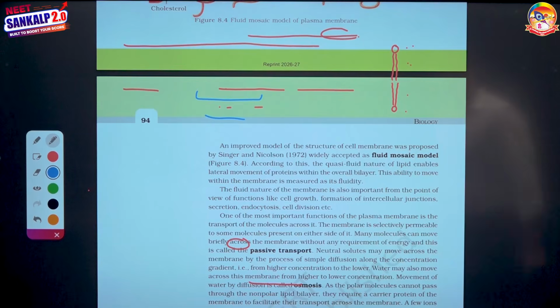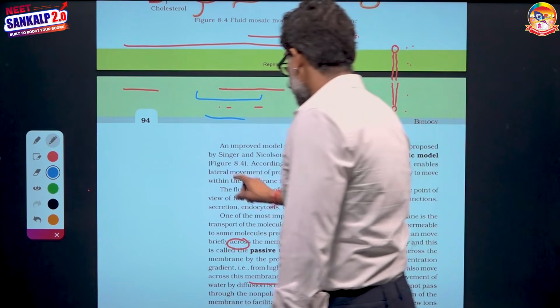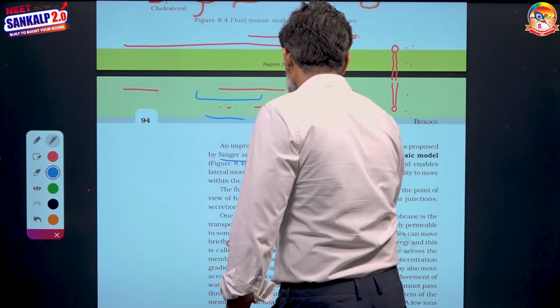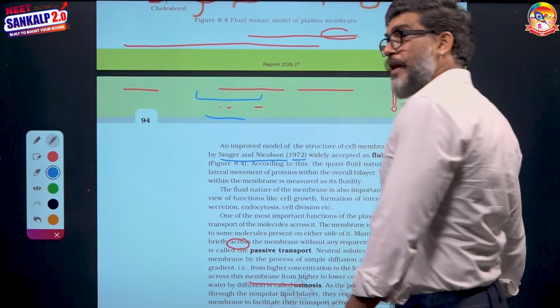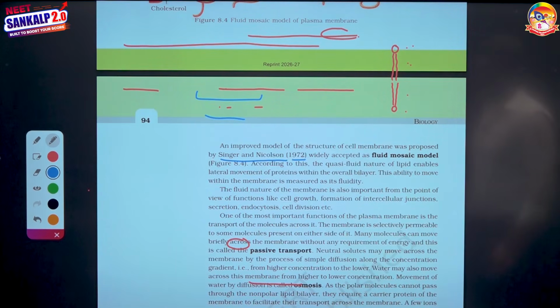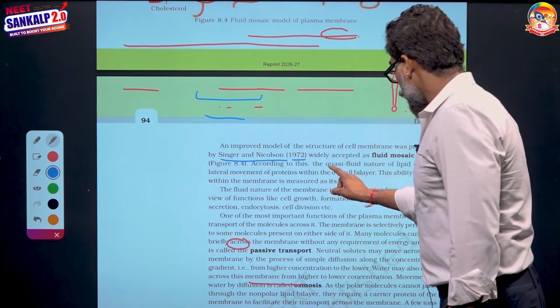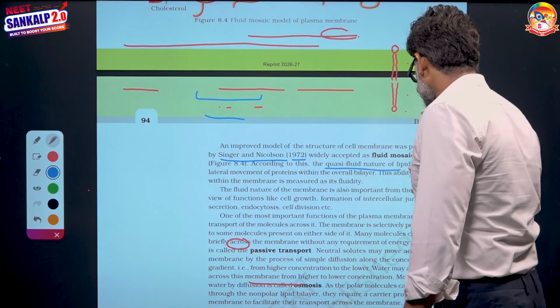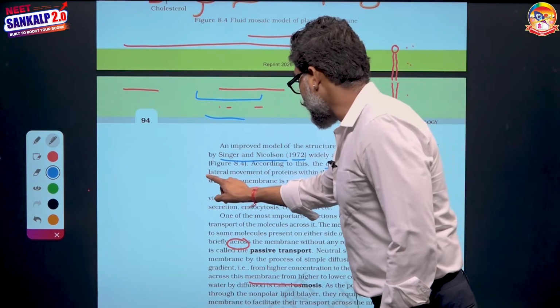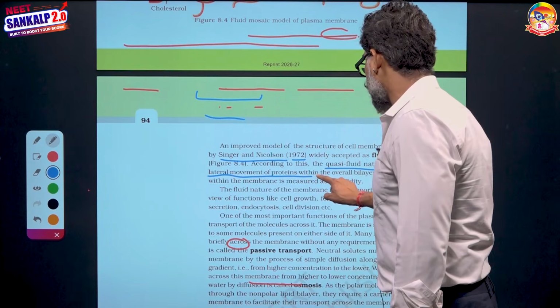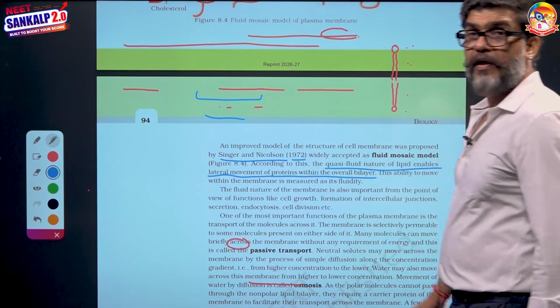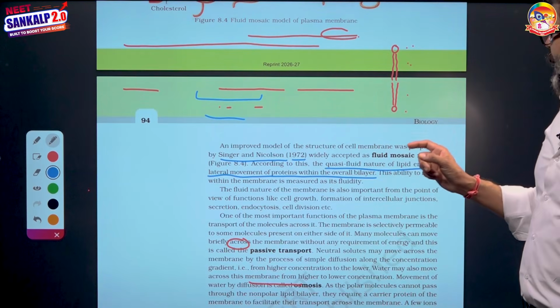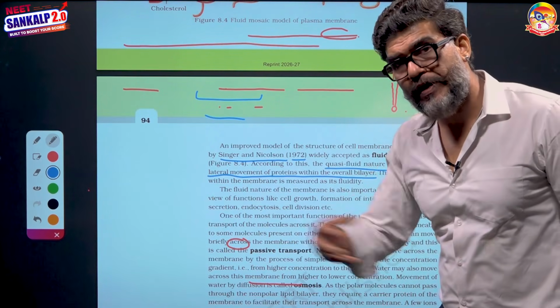Then an improved model of the structure of the cell membrane was proposed by Singer and Nicolson in the year 1972, and that is called the fluid mosaic model. According to this model, the quasi-fluid nature of the lipids, a very important line, enables lateral movement of the proteins within the overall bilayer. So in the overall bilayer, why are proteins showing lateral movement?